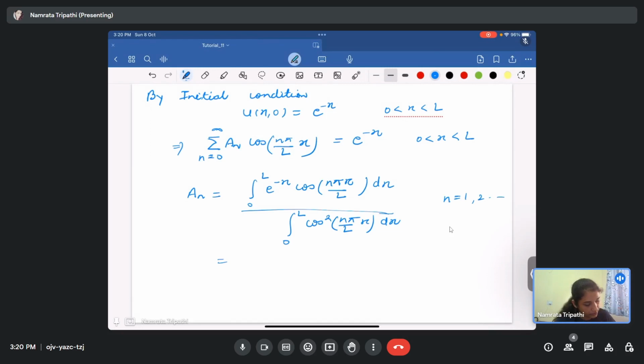The integration for the denominator will be L by 2, and for the numerator we can use the formula for the integral of e to the power ax cos bx, which is e to the power ax upon a square plus b square.